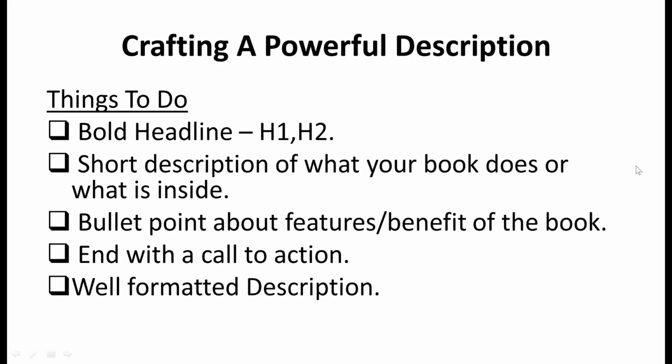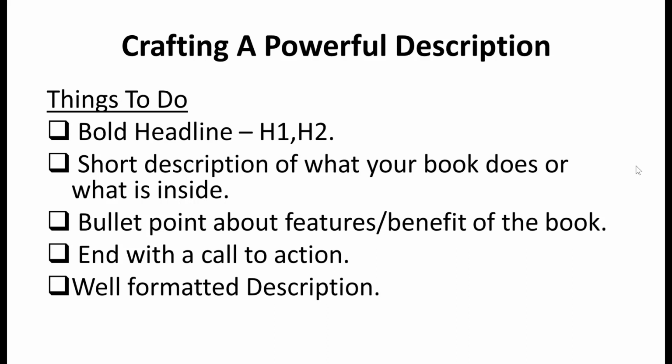So let's go to how to craft it. What I do is I start with a bold headline. The bold headline is my book title and the subtitle. That's the first thing I always put there. Then I'll write a short description of what your book does or what's inside.